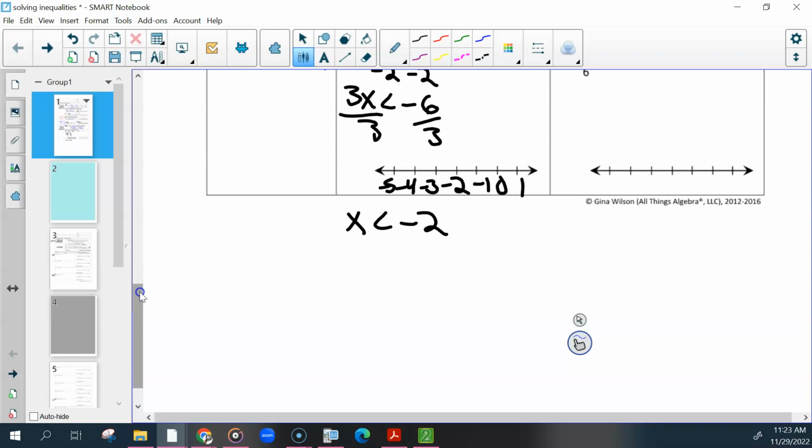It also doesn't have to count by 1s. You can skip, count by 2s, 5s, 10s. It doesn't matter. This would be an open circle going to the left. Do we have any questions about that one?